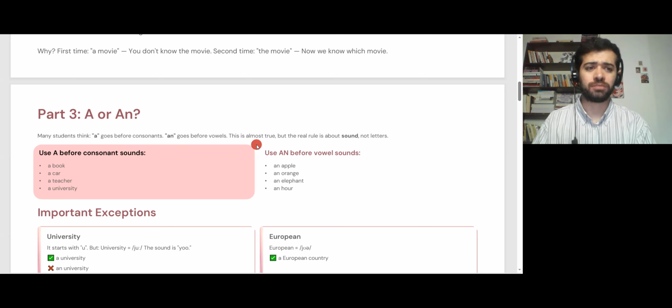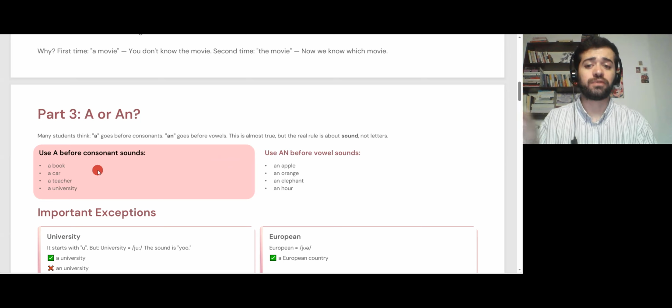This is almost true. You may have heard that when the beginning letter is A, E, I, O, U, you should use an, but the rule is about sound, not letters.